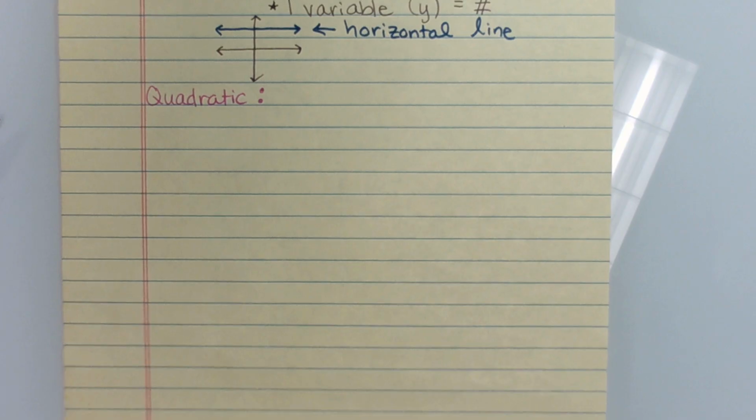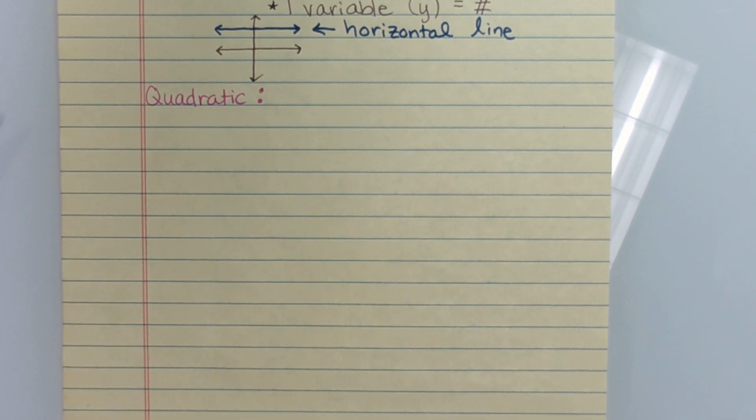Next family we're talking about is the quadratic family. Quadratics are, other than linear, they're the most common function that you've talked about previous to this class.